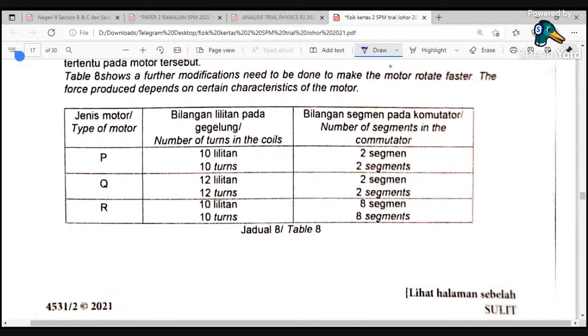The force produced depends on certain characteristics of the motor. So this is the motor, in kilowatts.